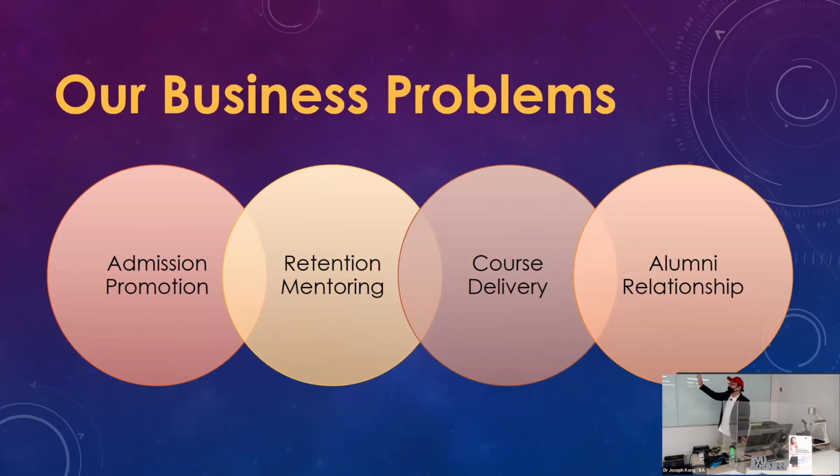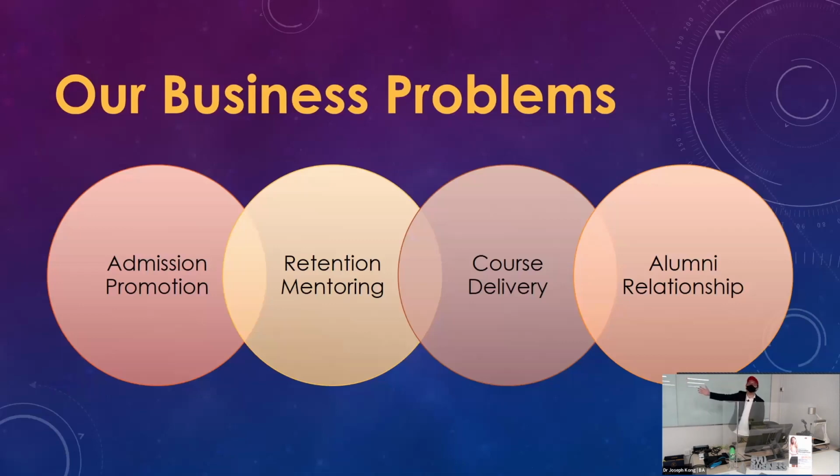Then we need retention mentoring. We don't want them to go to another university, and we hope that students look at us as a role model in terms of how someone should behave as a professional in a certain industry. And of course, I don't need to explain, we need to deliver our course. And finally, this is our after-sales service.